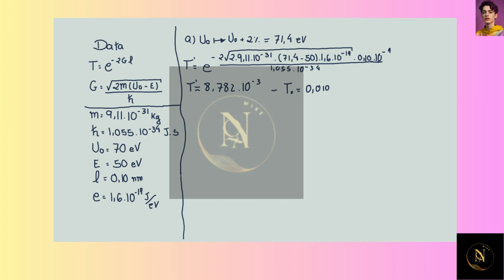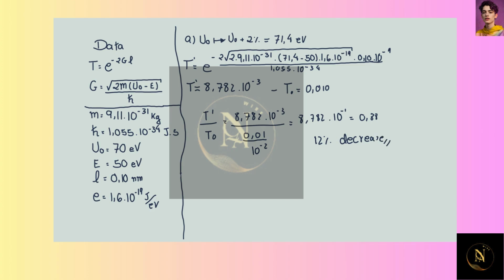So by comparing them, T prime divided by T0 is equal to 8.782 times 10 to the minus 3 divided by 0.01. This is 10 to the minus 2, so we have 8.782 times 10 to the minus 3 plus 2, which is 1. So we have 10 to the minus 1, and this is approximately 0.88. Therefore, we have a 12% decrease by doing this very small increase in the potential barrier.